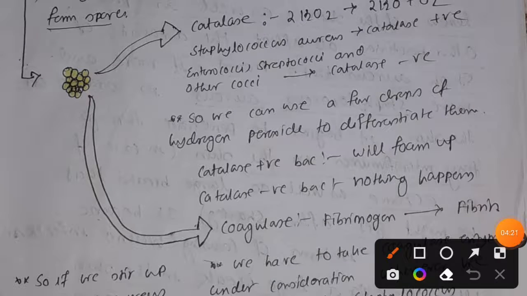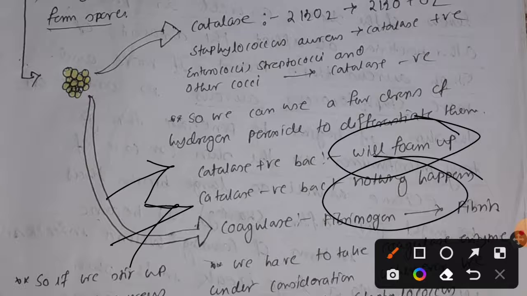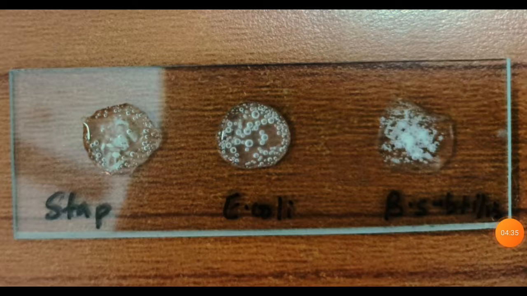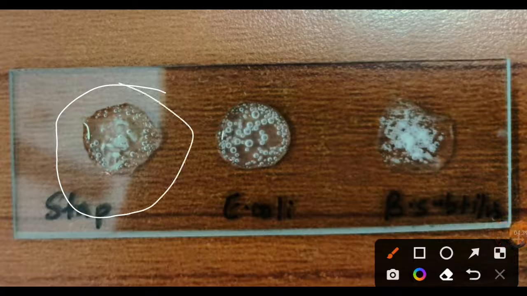After putting drops of hydrogen peroxide, you will get foam formation in catalase positive bacteria and nothing will appear in catalase negative bacteria. This is the kind of foam formation that you can get during the catalase test.